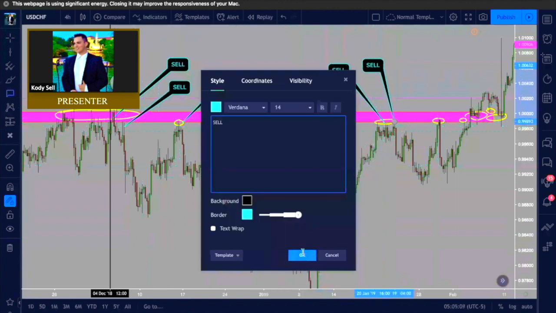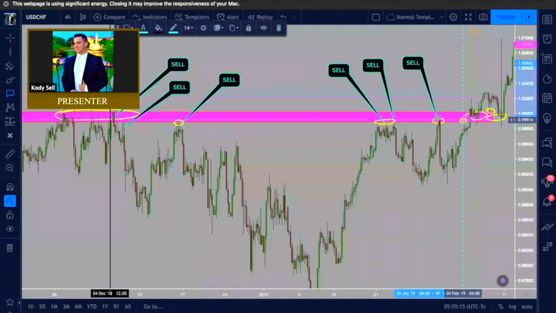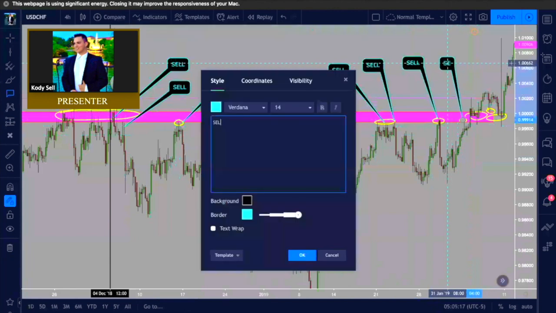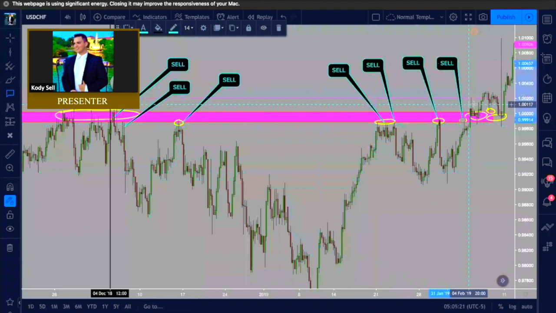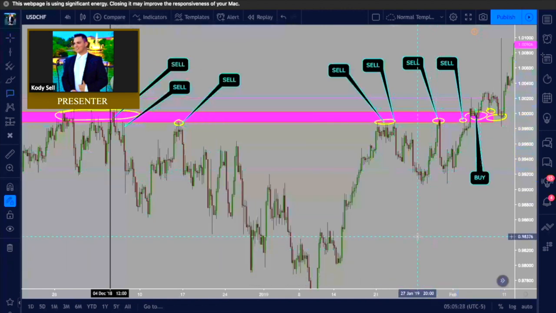Sell. You're clicking the sell button. Even when you lose, what did you do? You sold. And then you lost. And what did you do when price broke through and it held a support? Bought. And that's that. It's real simple, okay?